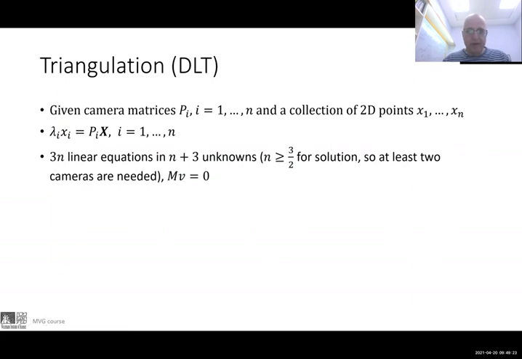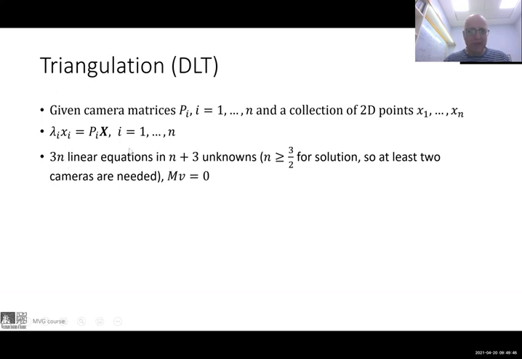Overall, we see first that these equations are linear in capital X and lambda i. For every 2D point, we have n such 2D points, we have 3 linear equations here, so 3n linear equations.